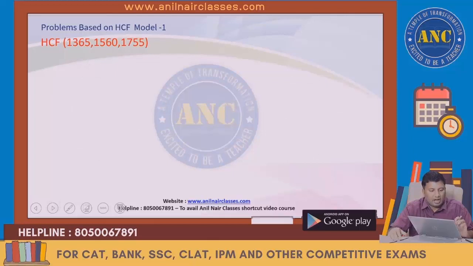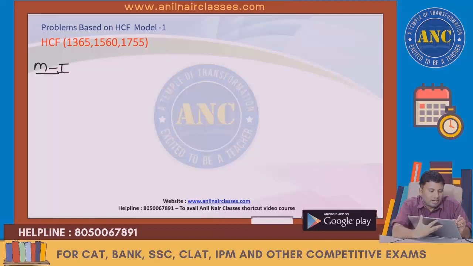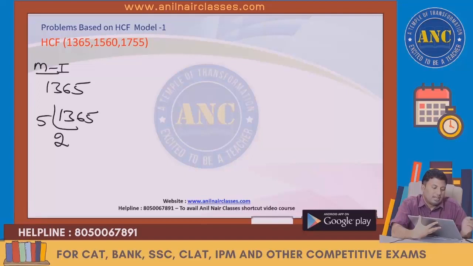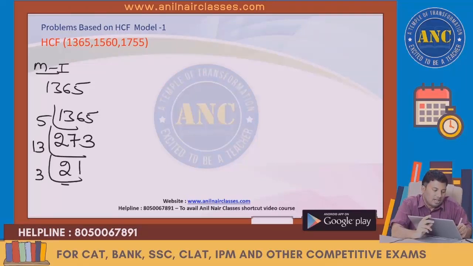Find the highest common factor of 1365, 1560, 1755. You can do it in any method. Method number 1: lowest is 1365. What are the factors of 1365? 5 2s are 10, 5 7s are 35, 5 3s are 15, so it is 5 into 273. 273 is 13 21s, and 21 is 3 and 7.